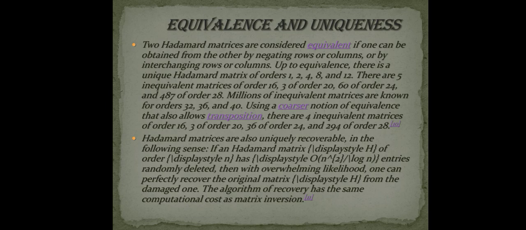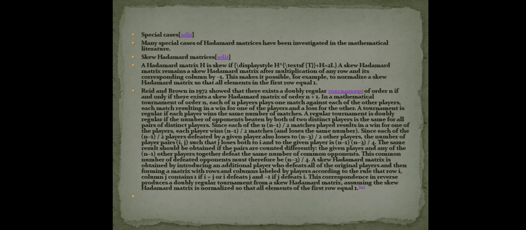If a Hadamard matrix of order n has entries randomly deleted, then with overwhelming likelihood one can perfectly recover the original matrix from the damaged one. The algorithm of recovery has the same computational cost as matrix inversion.